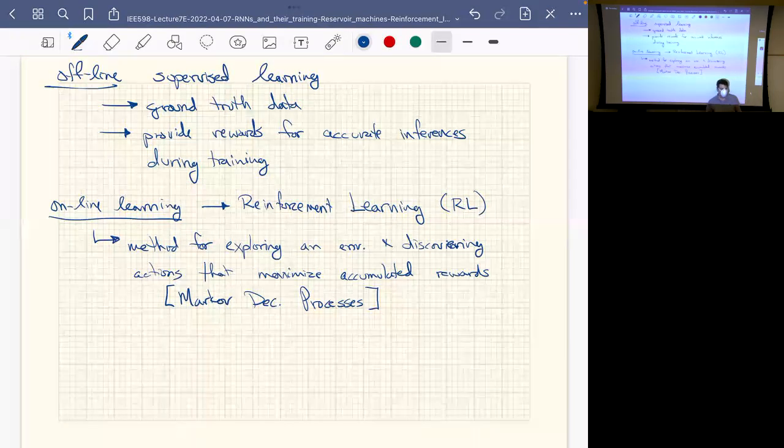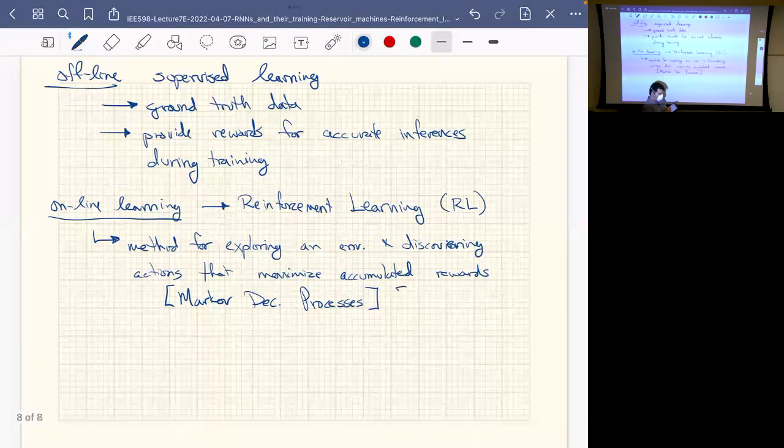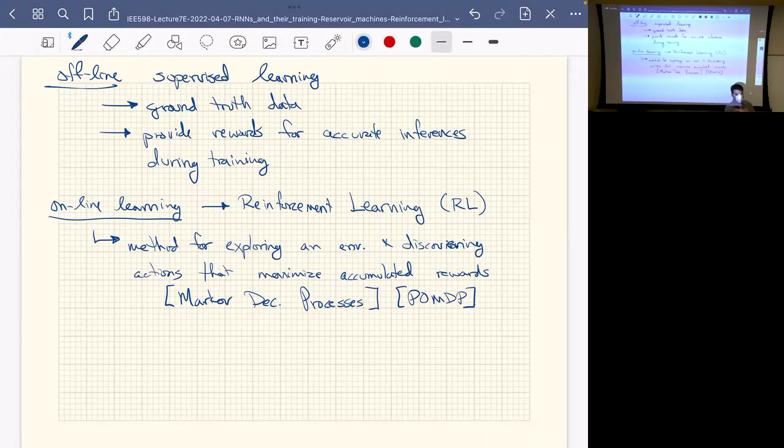And based on that reward, you take another action. And so you can model reinforcement learning with a Markov decision process. And there are related concepts like partially observable Markov decision processes, which relate to how much information you're getting back from the environment about what state the environment's actually in. We'll go into more detail on that next time, but that's the idea of online learning with rewards.